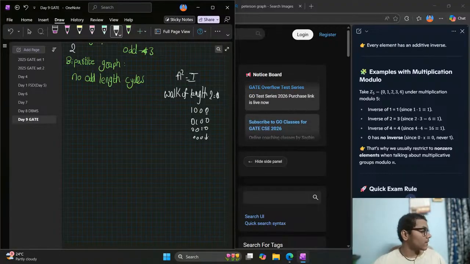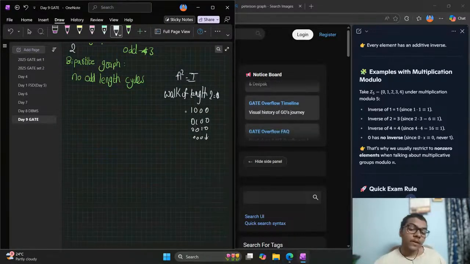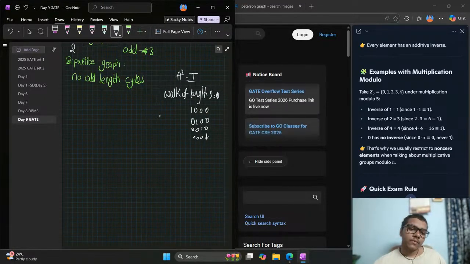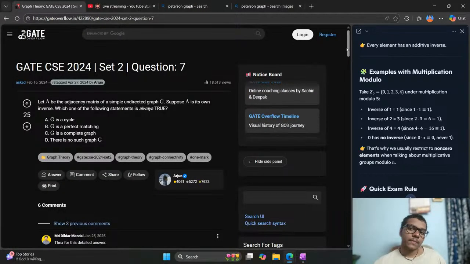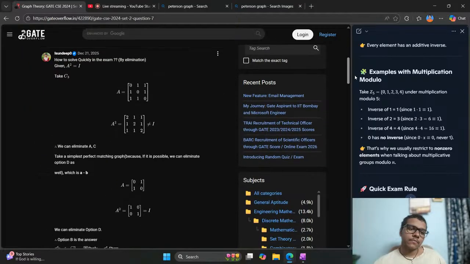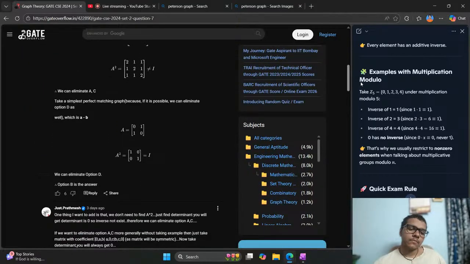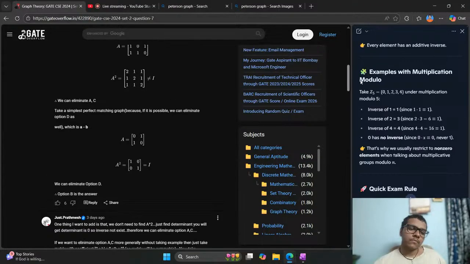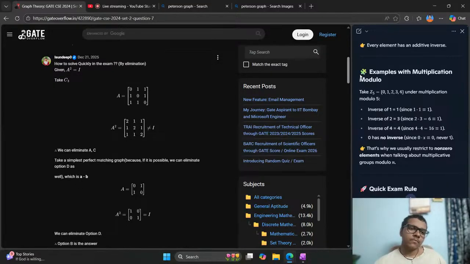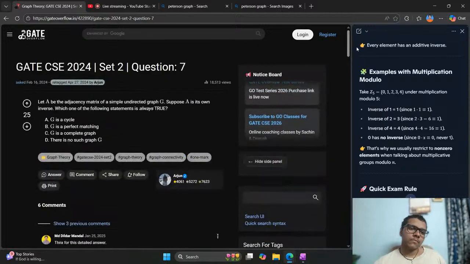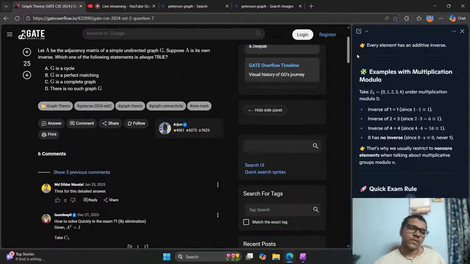Number of walks of length 2. That is what it gives. So we need to understand graph theory. J is a cycle.